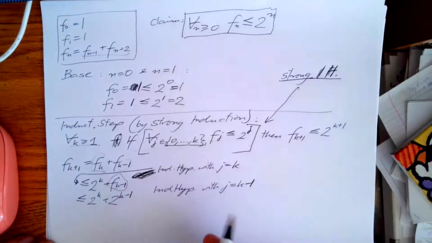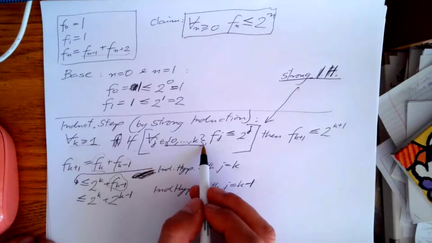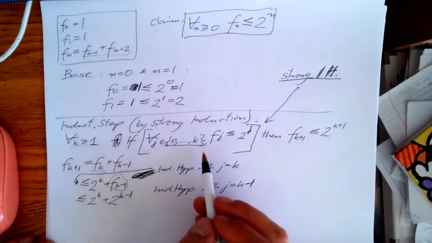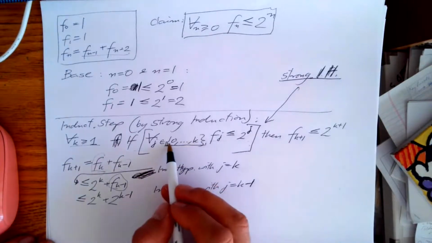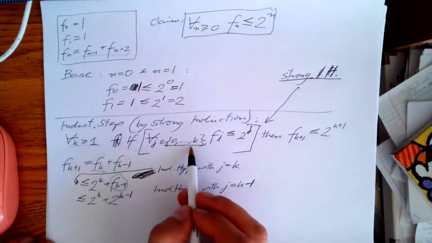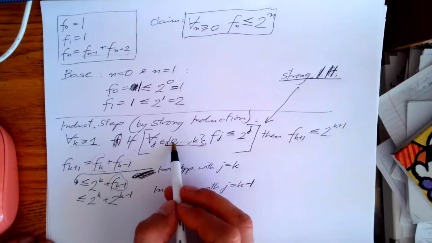When can this go wrong? Well, we have to ask, is k minus 1 in this range? It will always be, except in one case, if k is equal to 0. For any other k, k minus 1 is clearly in this range. So, can k equal 0?